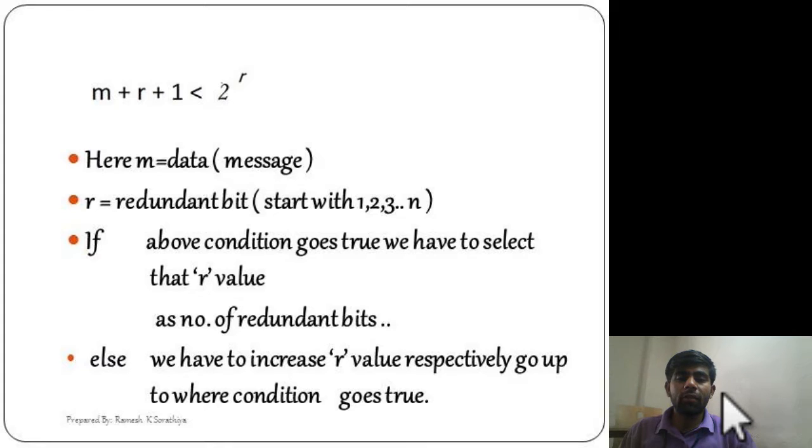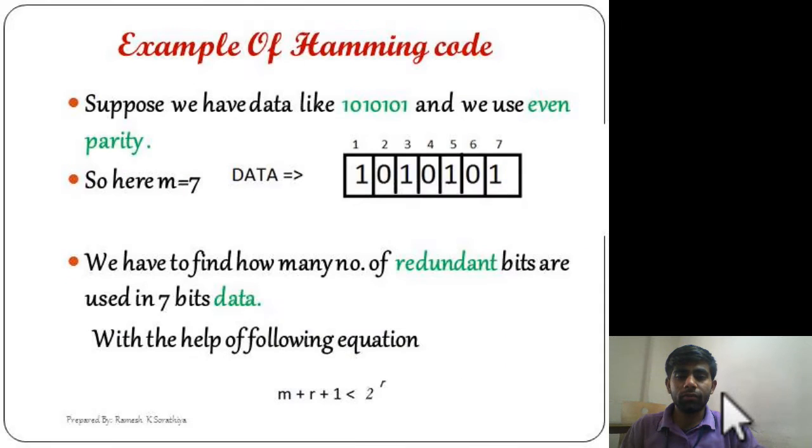Here m means the message data, and r means the redundant bits. We start with r equal to 1, 2, 3, up to n. If the above condition is true, we select that r value. Else we increase the r value until the condition becomes true.